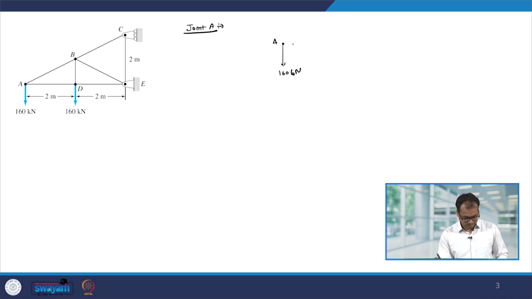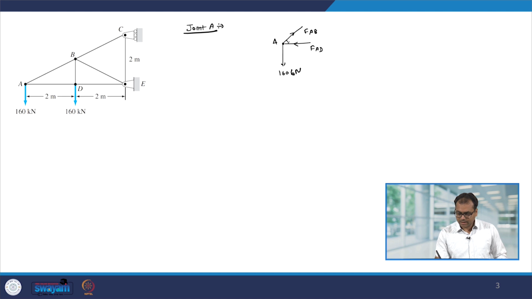There will be a force along AB, and since I have to balance the horizontal force, let me put the direction like this. So, this force will be FAD.